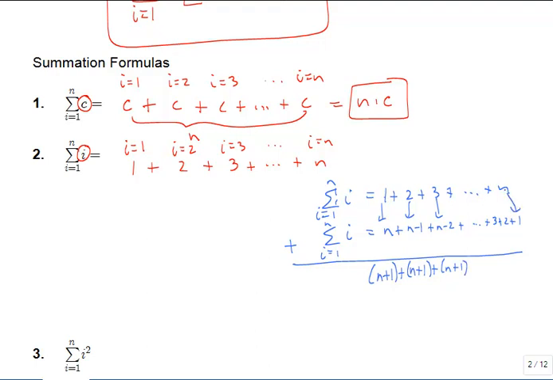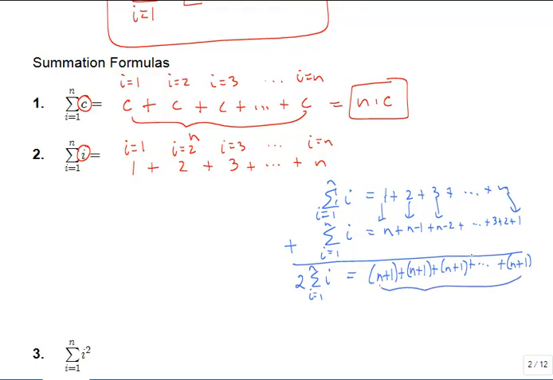And the very last one, n plus 1 as well. So each time you add the very first with the last, the second with the second to last, the third with the third to last, and so forth, you're always going to get a sum of n plus 1. And when we do this, the sum of i plus the sum of i is 2 times the sum of i.